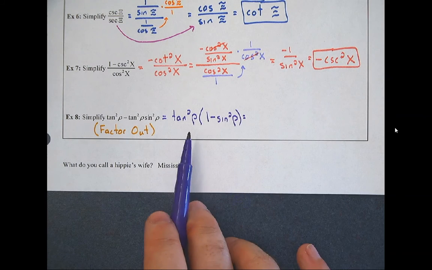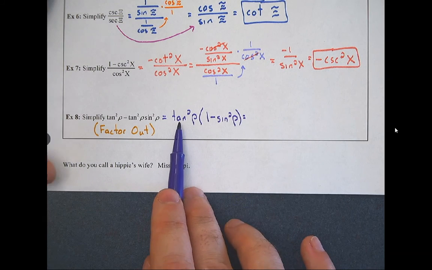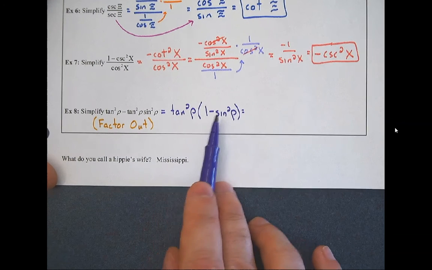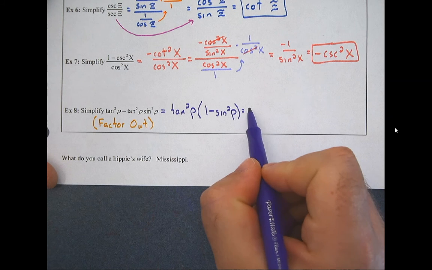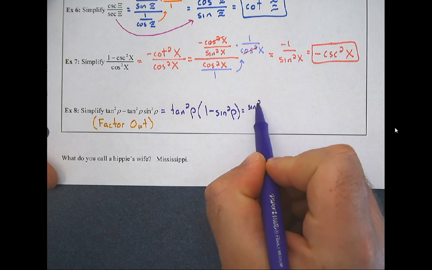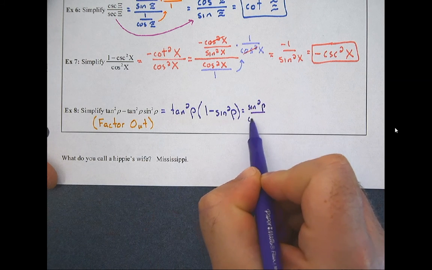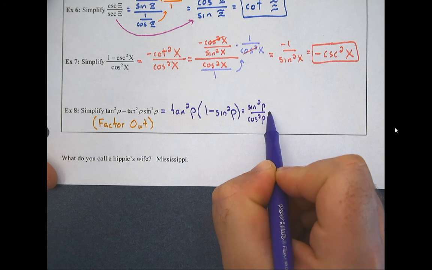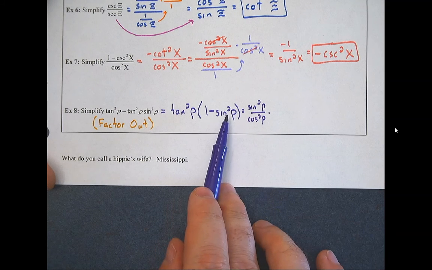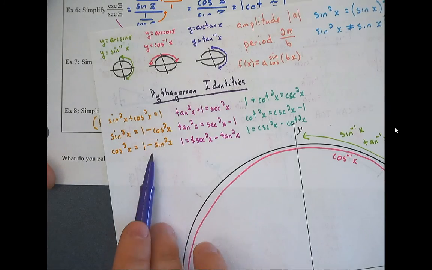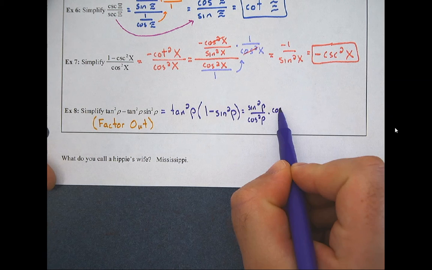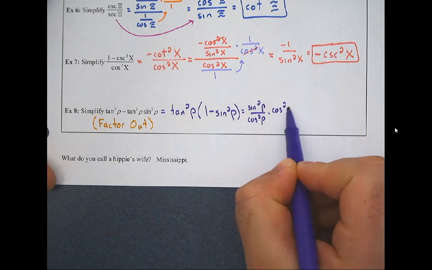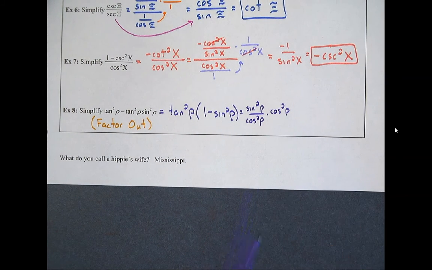I'm going to do a double move because I have two things that I'm noticing. I can turn this into sines and cosines, and I'm going to look this up as a Pythagorean identity. So tangent is sine over cosine. So that would become sine squared over cosine squared times 1 minus sine squared. 1 minus sine squared is cosine squared. So times cosine squared. This is a fraction, and this is not a fraction, so I need to make it into a fraction.